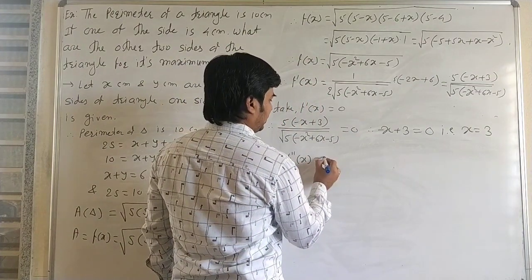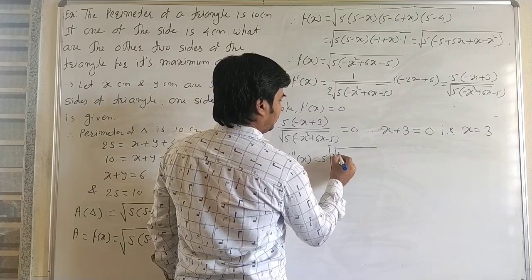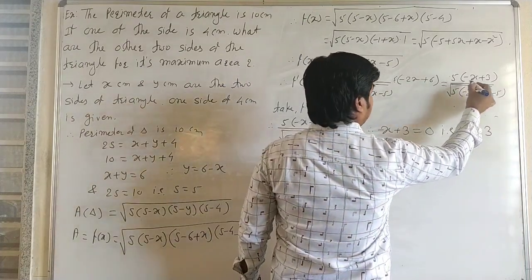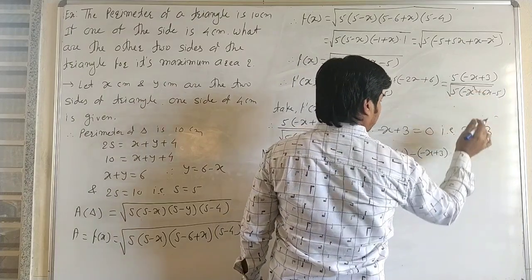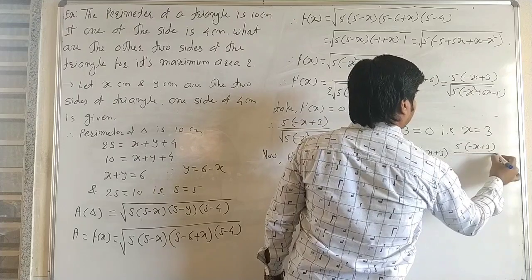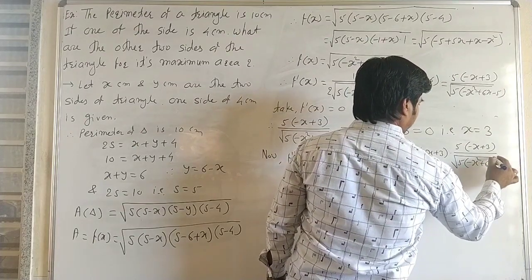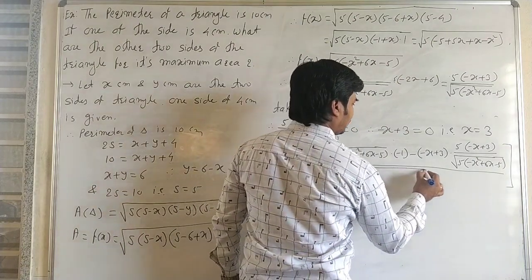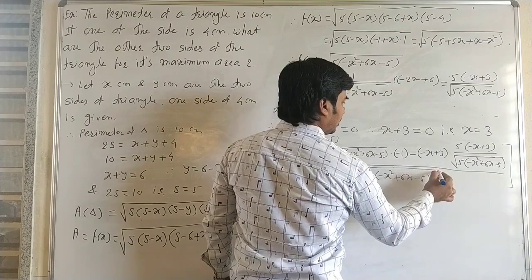Okay, f double dash, it is 5 as it is into, u by v formula, under root 5 into minus x square plus 6x minus 5 into derivative of minus x plus 3, it is minus 1, minus minus x plus 3 into derivative of this term, and the derivative of this term is 5 into minus x plus 3 upon under root of 5 into minus x square plus 6x minus 5, whole upon under root 5 into minus x square plus 6x minus 5 whole square.